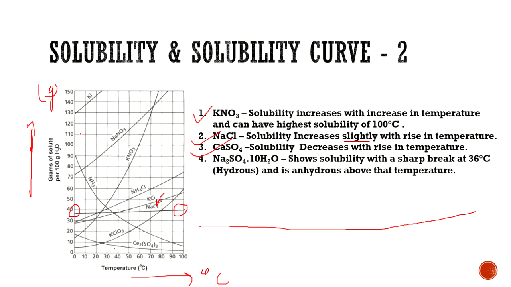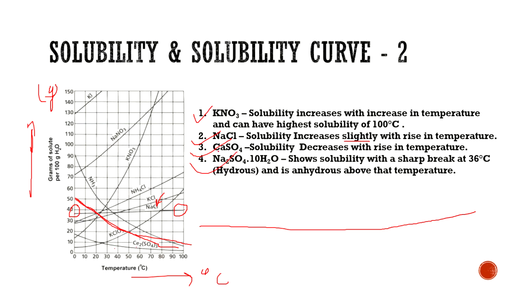Suppose I take 50 gram, the solubility might decrease and go like this. Not this much, but a slight decrease. I cannot draw it properly, I'm sorry for that. Next is Na2SO4·10H2O.